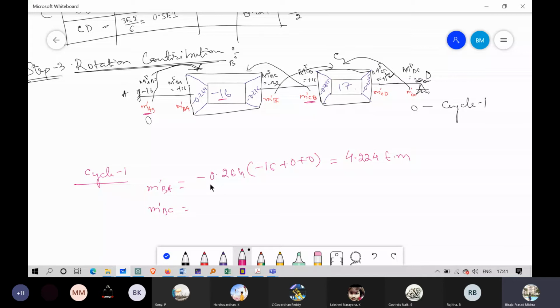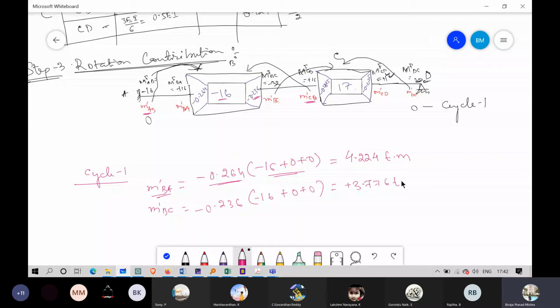So minus 0.236 into minus 16 plus 0 plus 0. Okay, so this is coming at plus 3.776 meter.